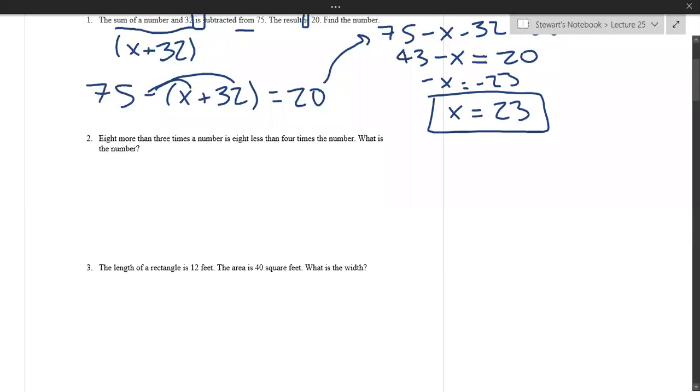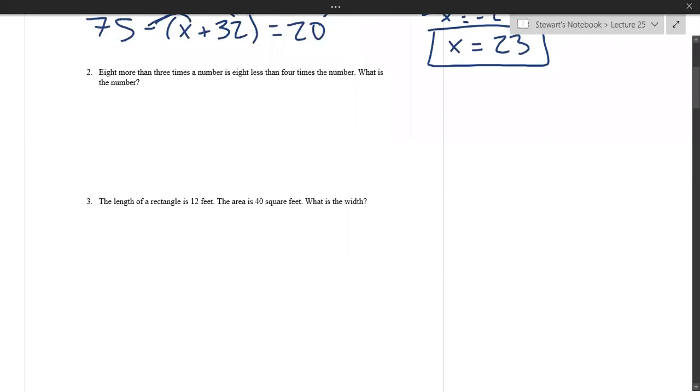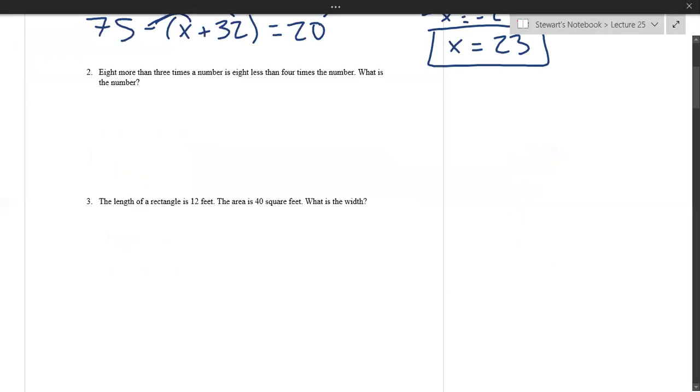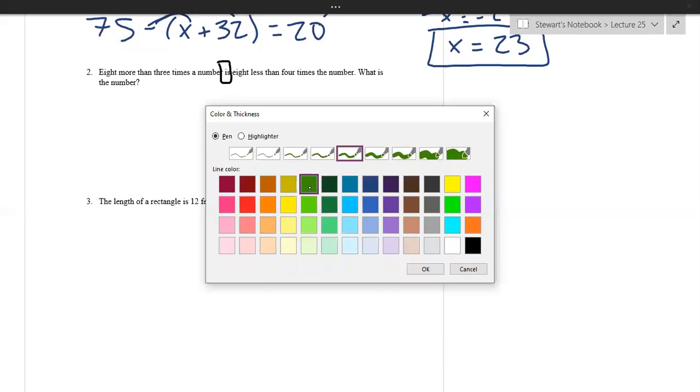Okay, moving right along here, let's divide up this sentence as well. Let's find where the word "is" is in the sentence. It's right there. So now let's see what's around it to create our expressions.